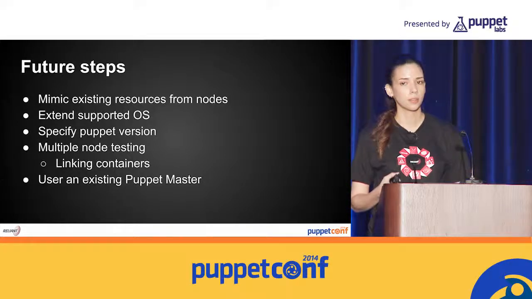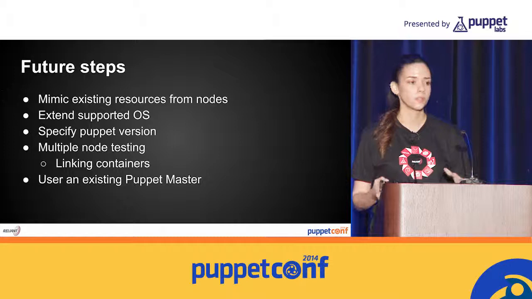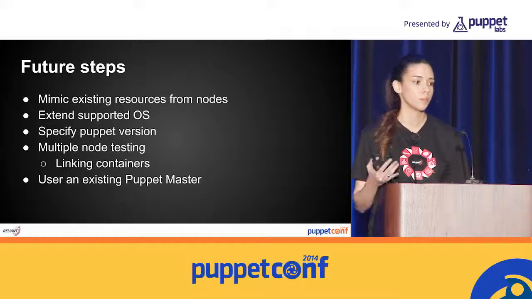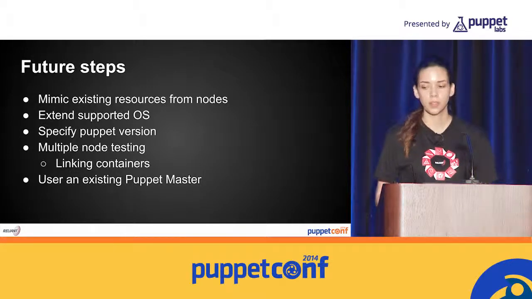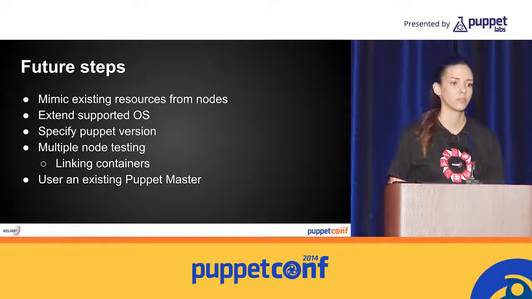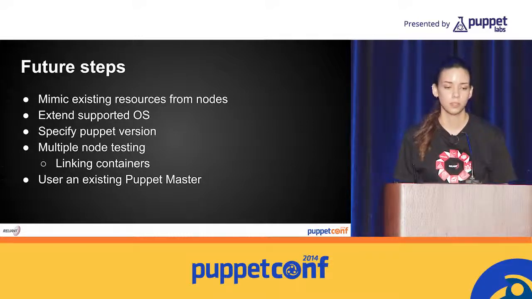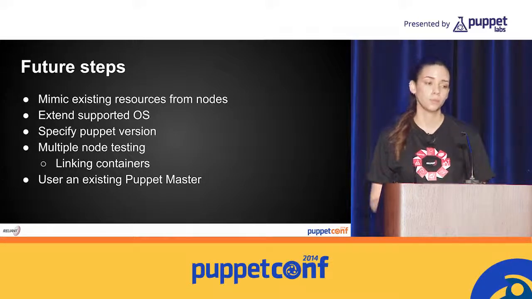We can link multiple containers with different servers and see how they are working together, if they are all configured the same way. And also use an existing Puppet master, so Docker doesn't even need to spin up a new Puppet master for every task like it does right now.